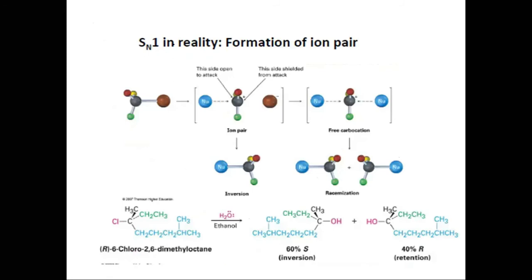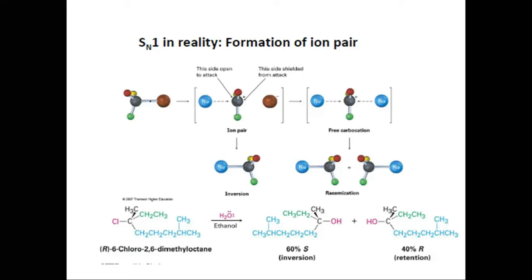So in SN1, in reality, there is the formation of an ion pair. So how is the ion pair usually formed during the SN1 reaction? Take the example of an optically active substrate. Then this state is a carbocation state. It carries a positive charge.